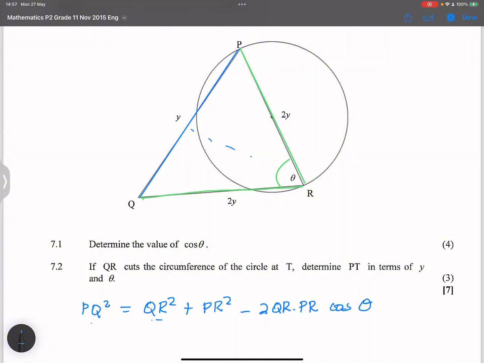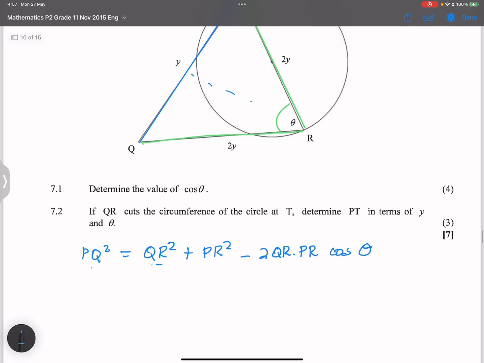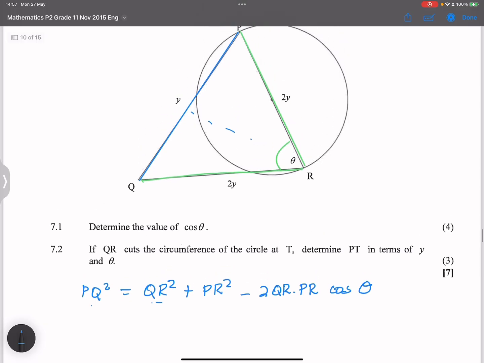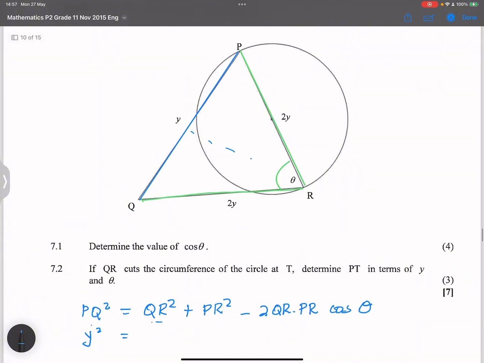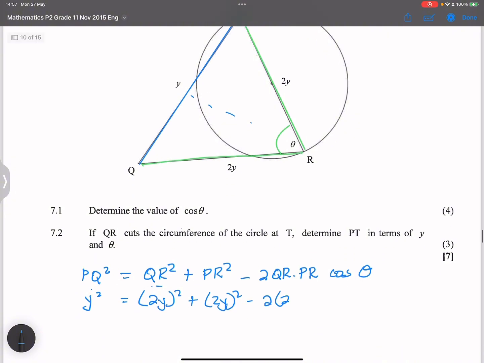Now, all we simply do is we're going to put the size of that, so that's going to be y squared. That's going to be QR is 2y. Okay, so that's 2y squared plus another 2y squared minus 2 times 2y and 2y. And this is the cos of the angle theta.